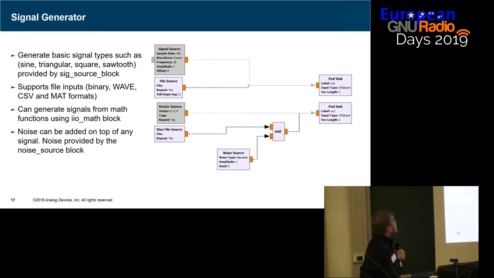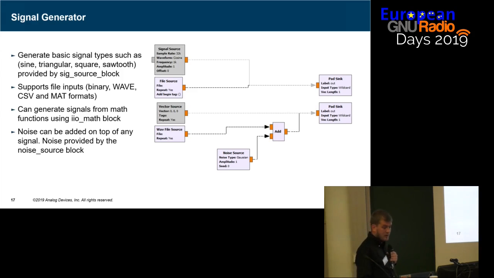The next instrument that we have is the signal generator, also called the arbitrary waveform generator. It can be used to generate basic signal types such as a sine wave, triangular wave, square wave, and sawtooth, and it is all provided by the SIG source block from GNU Radio. It also supports file input, so you can load in binary data, WAV files, CSV files, as well as math formats from MATLAB.